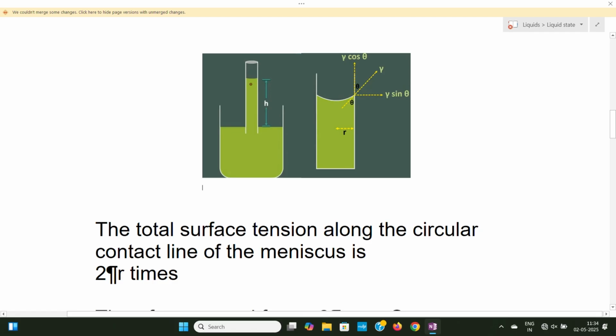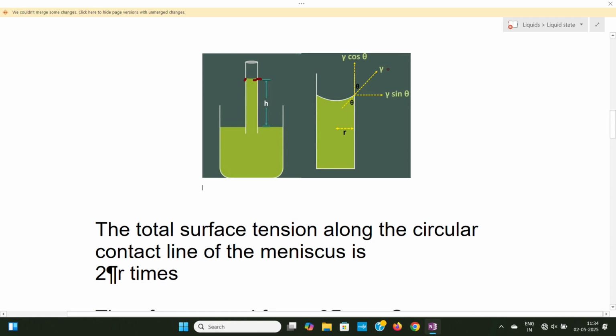Here, the height from the liquid to the capillary rise is called h. That is the height in the capillary tube. Then here we have the contact angle, that is theta. This angle is less than 90 degrees.